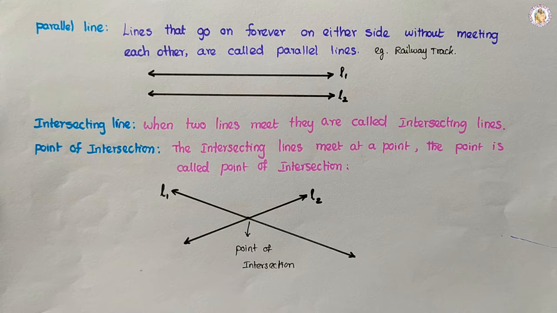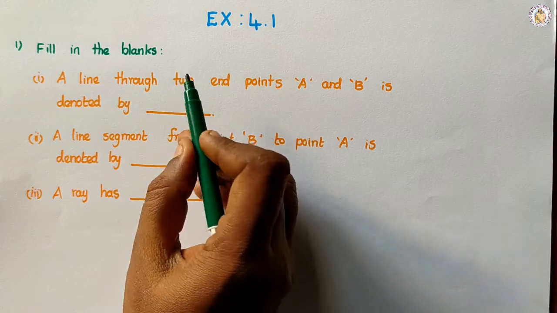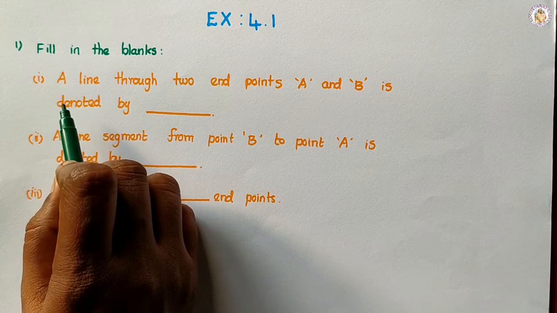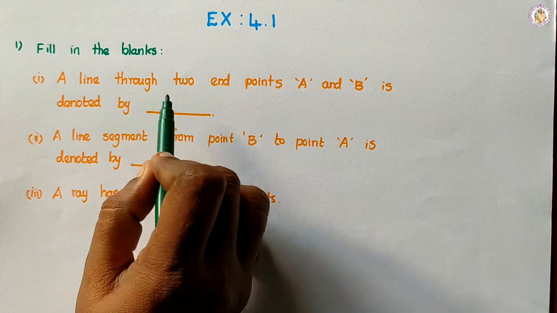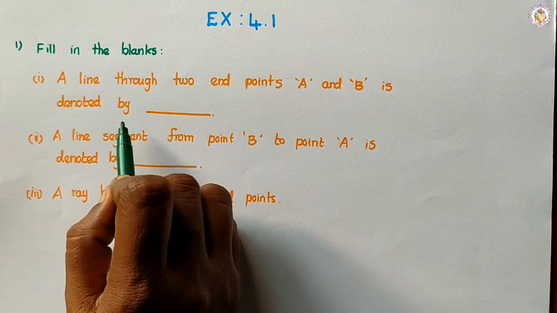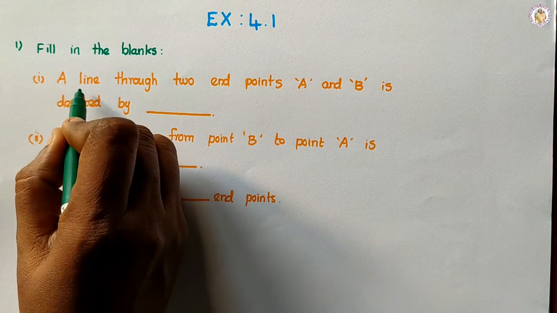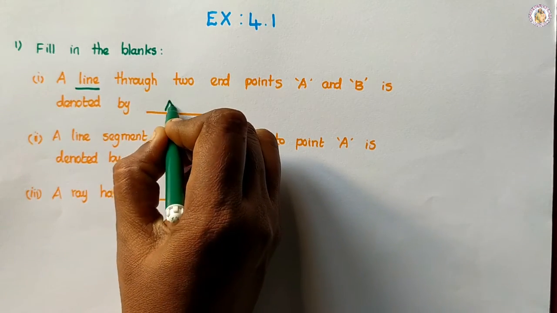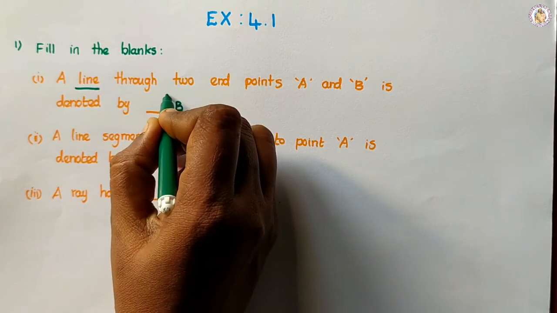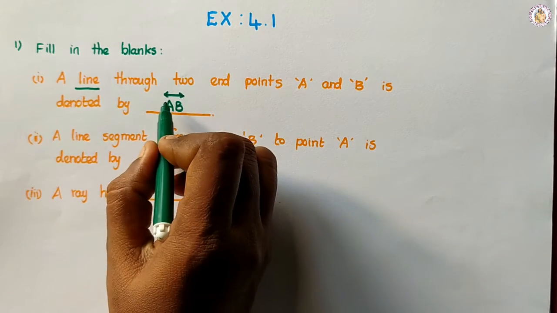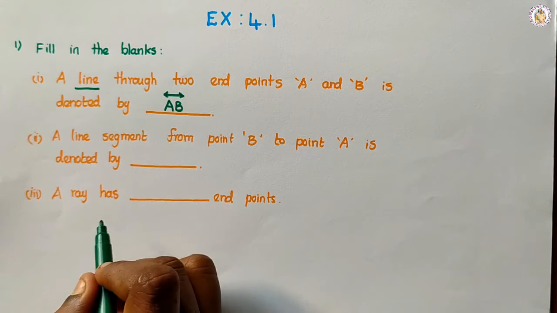Let us see the exercise problems. Exercise 4.1, fill in the blanks. First question, a line through two points A and B is denoted by the given line. So how will you denote that line? A, B, put a bar with two arrow marks, right?